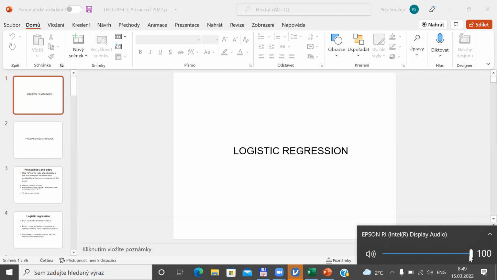Maybe before we start, we should discuss possible dependent variables that are binary, so they have only 2 categories, that can be applied in social science modeling. So do you have some proposals for other dependent variables that can be a result of our regression model?